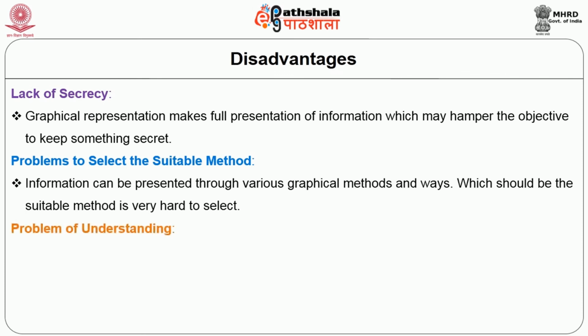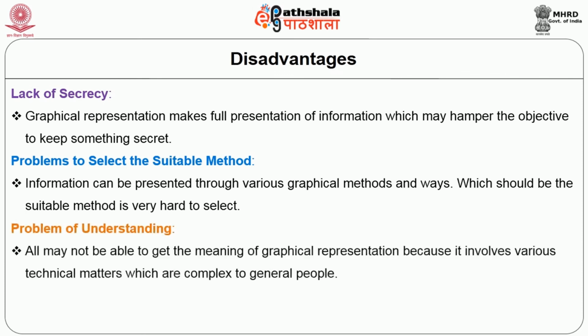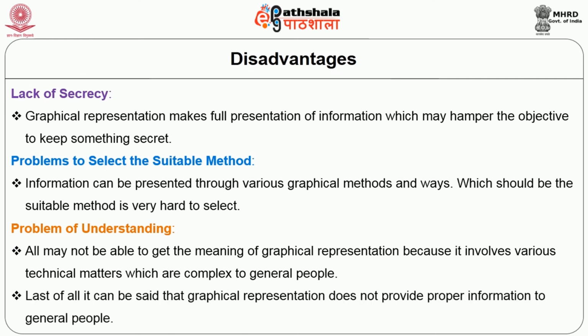Problem of understanding. All may not be able to get the meaning of graphical representation because it involves various technical matters which are complex to general people. Last of all, it can be said that graphical representation does not always provide proper information to the general people clearly.